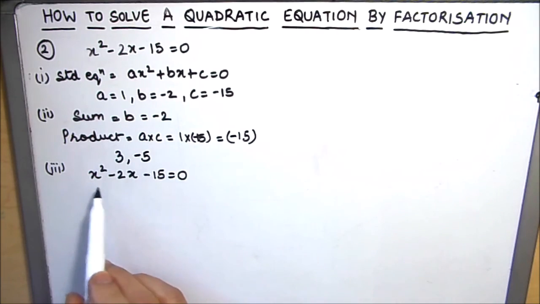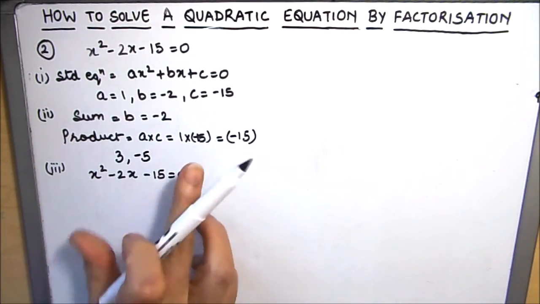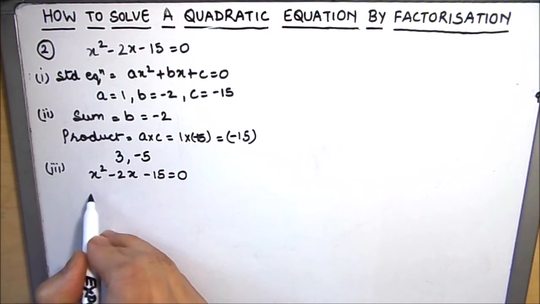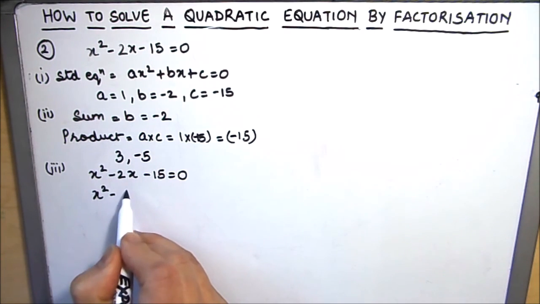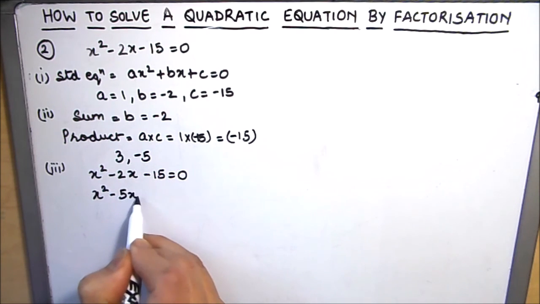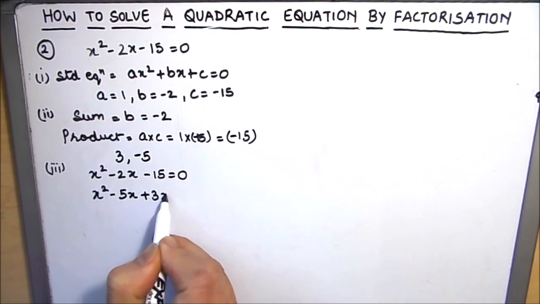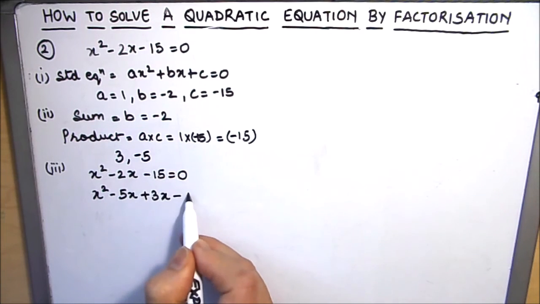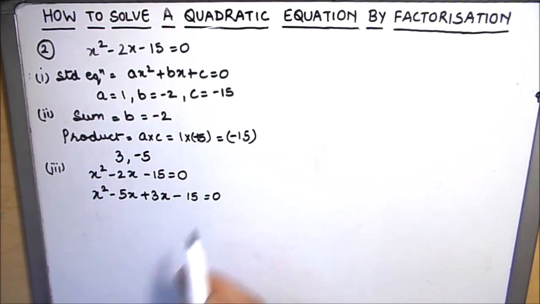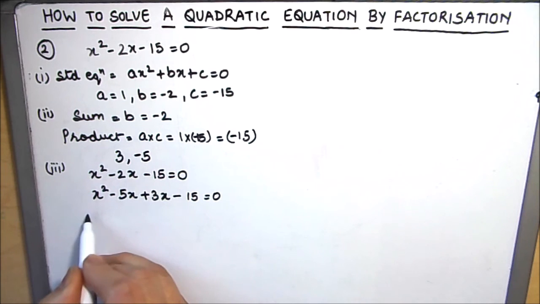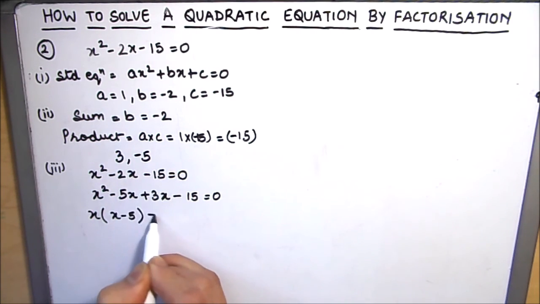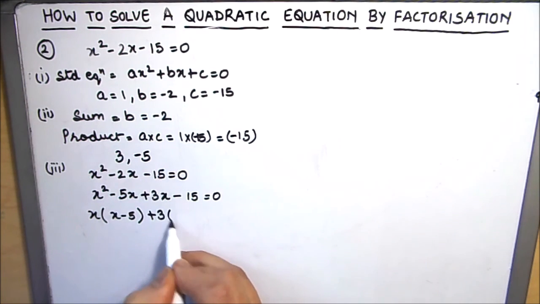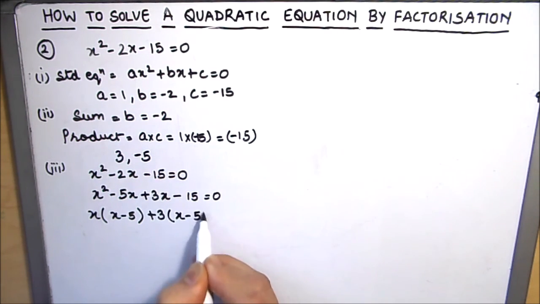Next, the third step is to replace b by the two numbers. So here x square minus 2x, in place of minus 2x we'll write minus 5x plus 3x and minus 15 is equal to 0. From the first two terms we'll take x as common, so we'll get x minus 5, and from the last two terms we'll take 3 as common, so this will become x minus 5, because 3 times 5 is 15.